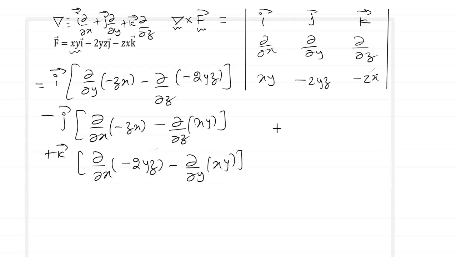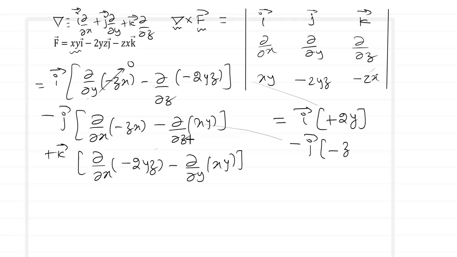Now we'll have to evaluate this quantity. Is there any y? No, this will become 0. So it is i times of, with respect to z, minus into minus plus 2y. Minus j times of, what is the second component? x times of minus zx, with respect to x, is going to be minus z. How about y? Second component is with respect to z. No z, so this will become 0.